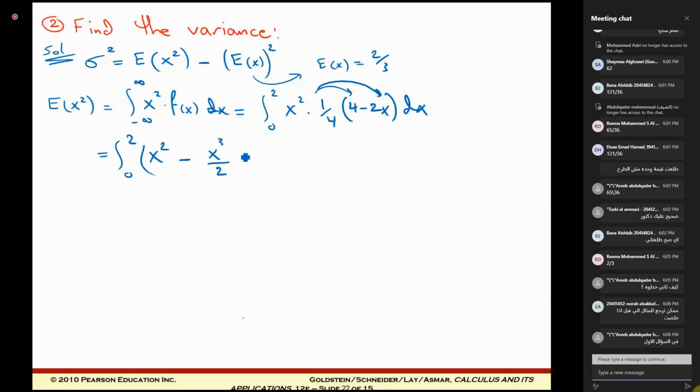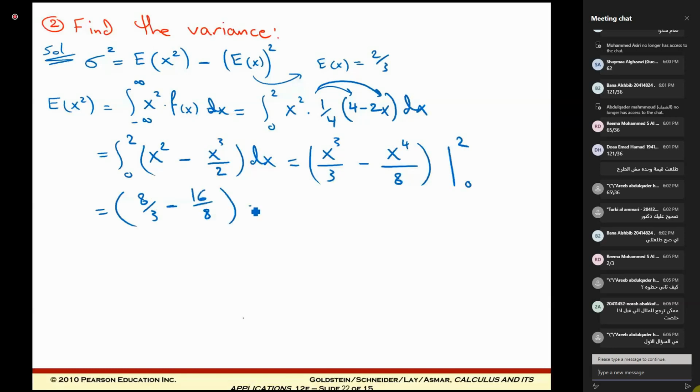Now after integration, x to the power 3 over 3 minus x to the power 4 over 8. Substitute the values 2 and 0. This is equal 8 over 3 minus 16 over 8 minus 0. So we have 8 over 3 minus 2. This equals 8 minus 6 over 3, also 2 over 3.